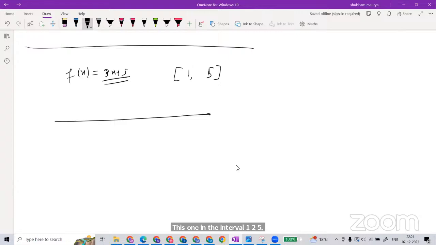After dividing this interval into 4 equal steps, into equal intervals.